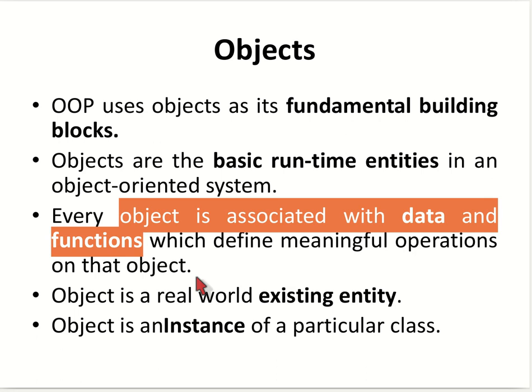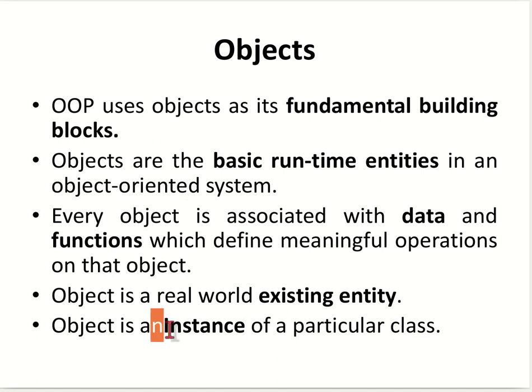Okay, so an object is a real world existing entity, just like our point, triangle, shapes, box, all those things are existing entities, and an object is an instance of a particular class.